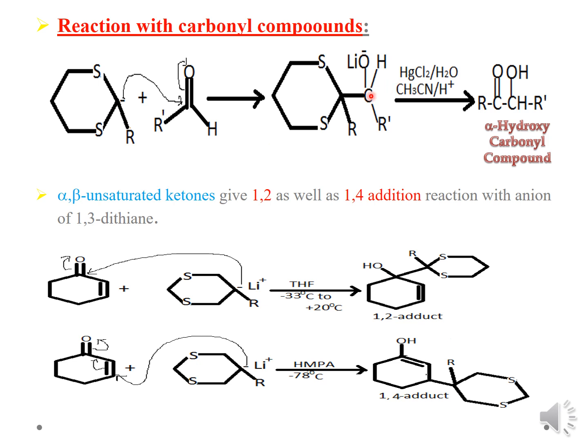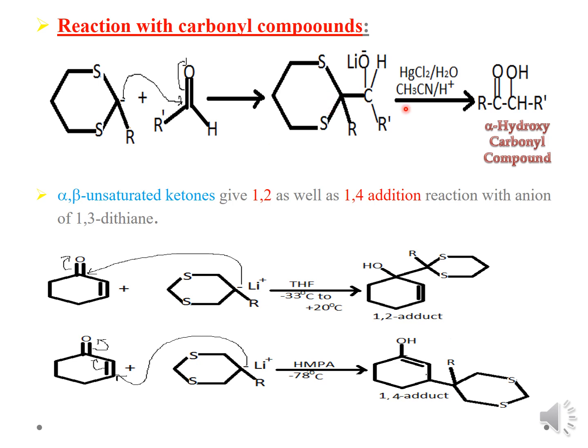And after that, if you add HgCl2, upon hydrolysis in the presence of acetonitrile and upon acidification, what happens here is, first the O minus will abstract the proton and then you will get your OH, and then this gets deprotected, because here you are adding the HgCl2.